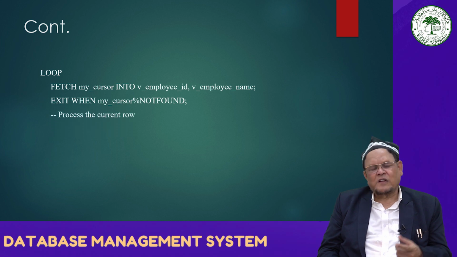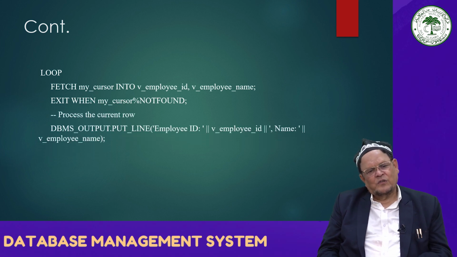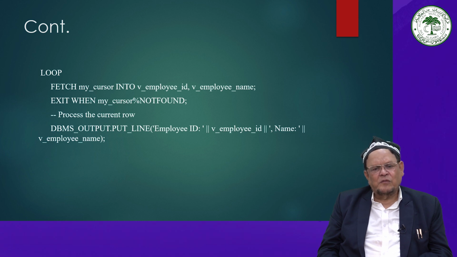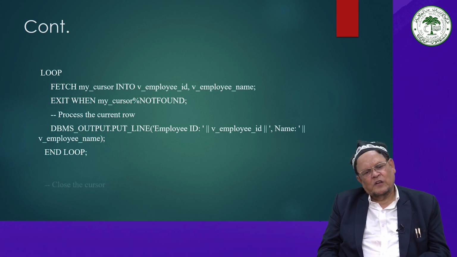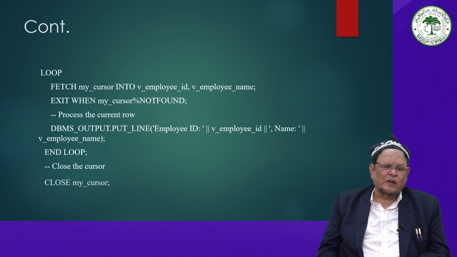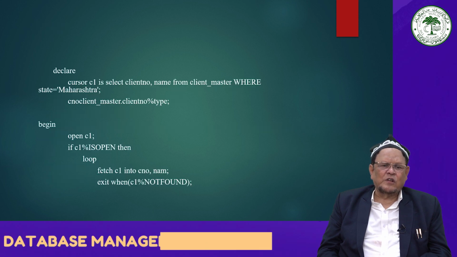Then process the current row. The output will be DBMS_OUTPUT.PUT_LINE, employee ID concatenated with v_employee_ID, concatenated with name, concatenated with v_employee_name, then end loop. Then you have to close the cursor, write close my cursor and then end. These are the syntax for the cursor.